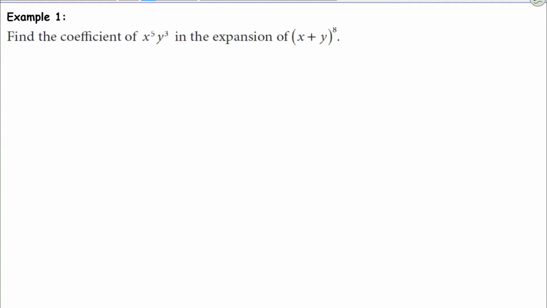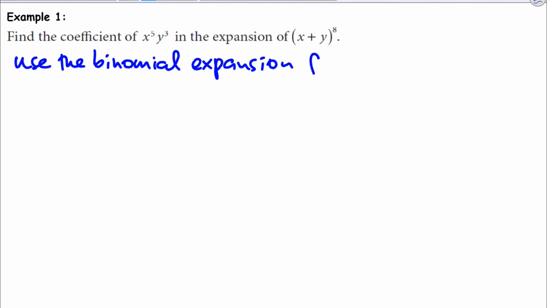In example 1, find the coefficient of x^5 y^3 in the expansion of (x + y)^8. So use the binomial expansion formula. This formula is in your formula booklet.